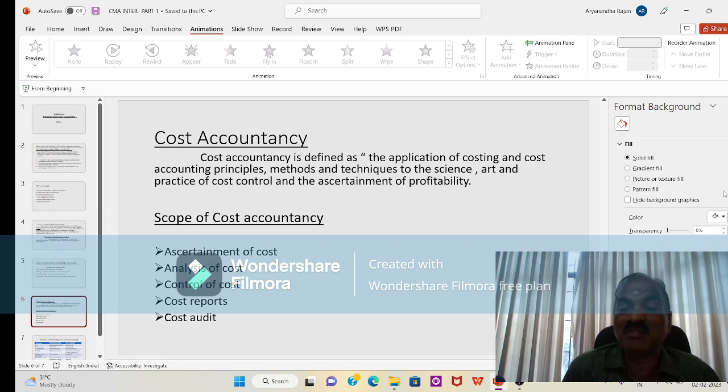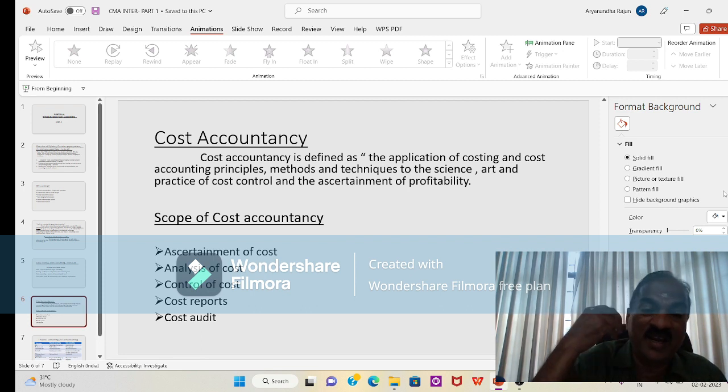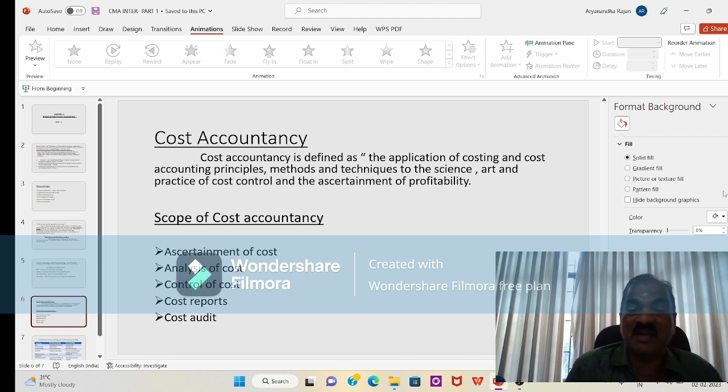There is no science, but it is art, the skill of the person applying it. For science, there will be universality of application. Everywhere it will give the same results. Then it's a practice also. By continuous practice, cost can be controlled and profitability can be ascertained as well as improved.